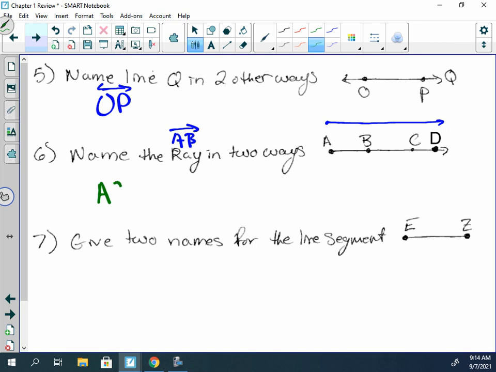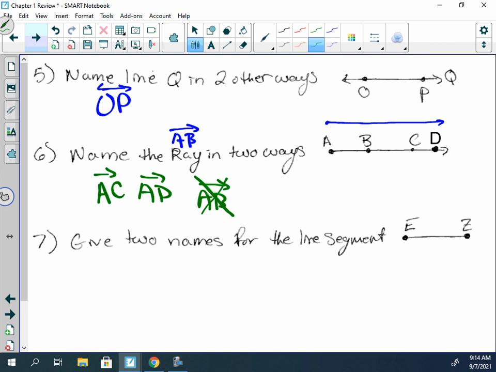So we can say AC, AD, and if we put AB, I'm going to count it wrong, because it says name ray AB in 2 other ways.